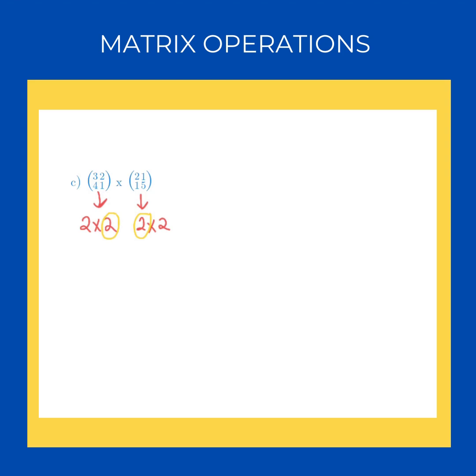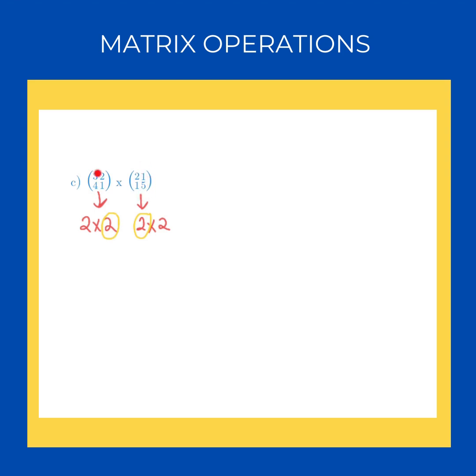So let's recall. First I have to multiply the first row of the first matrix times the first column of the second matrix. Then I multiply the first row times the second column. Then I go down and I multiply the second row times the first column and the second row times the second column.